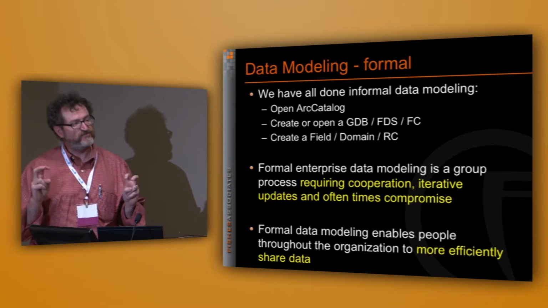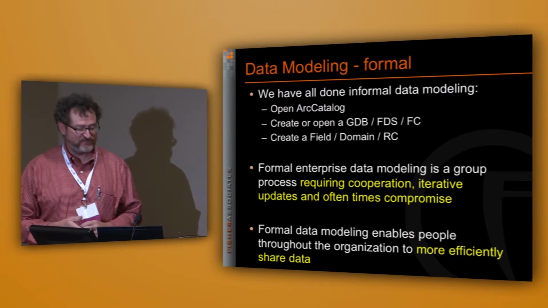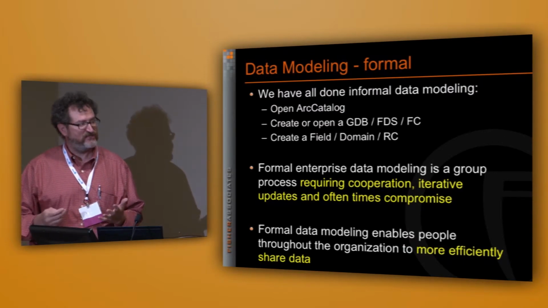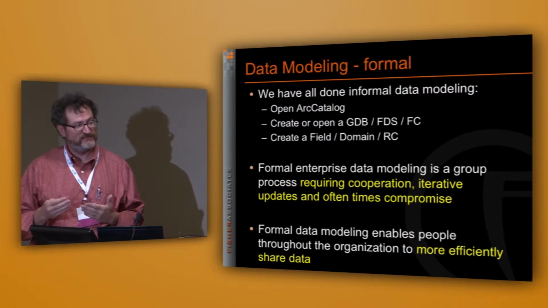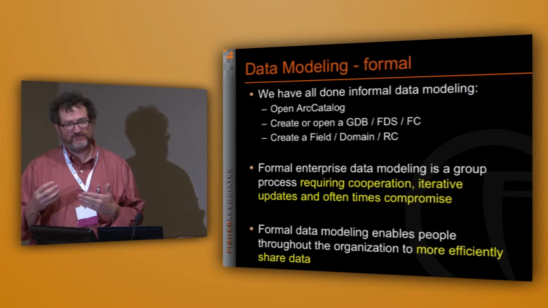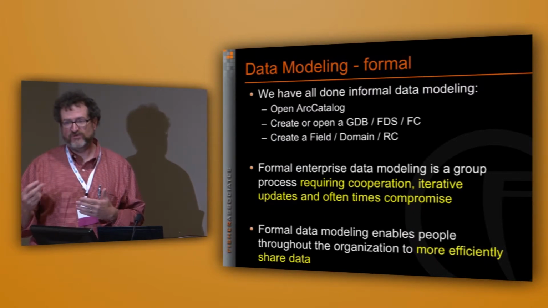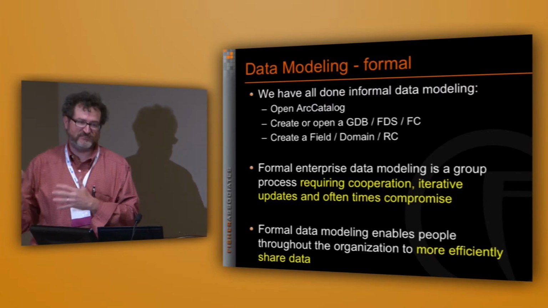Those are all kind of informal data modeling processes where you're simply on the fly adding new features and adding new attributes. The key here is this is formal, it's a structured system, and you want the different tables and object classes in your database to be related to each other in a systematic way so that people who aren't GIS professionals can look at it and they see something that's easily understood because it's all systematic.